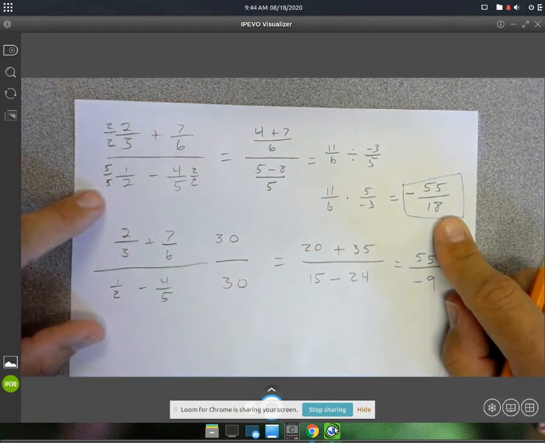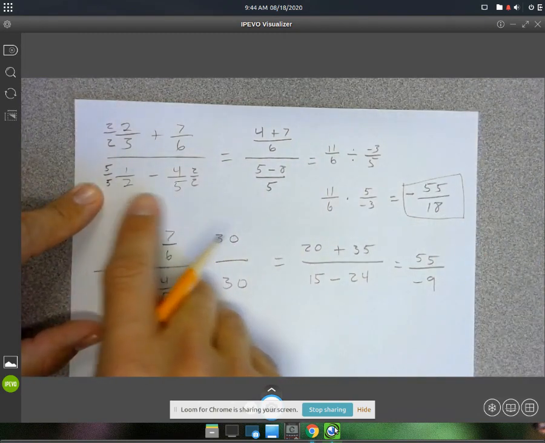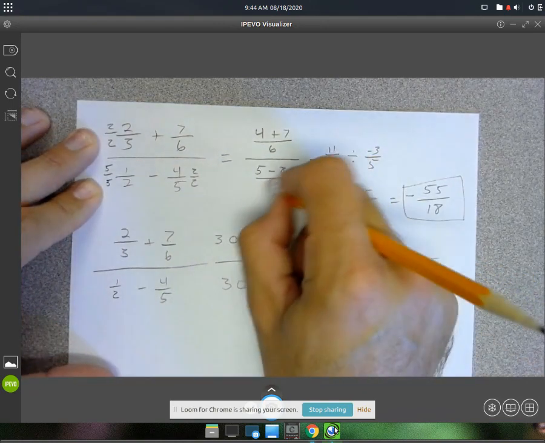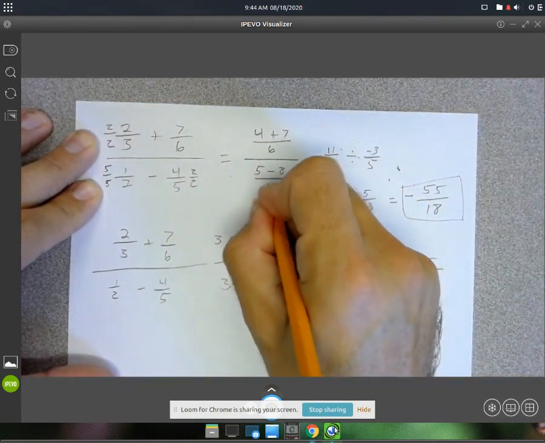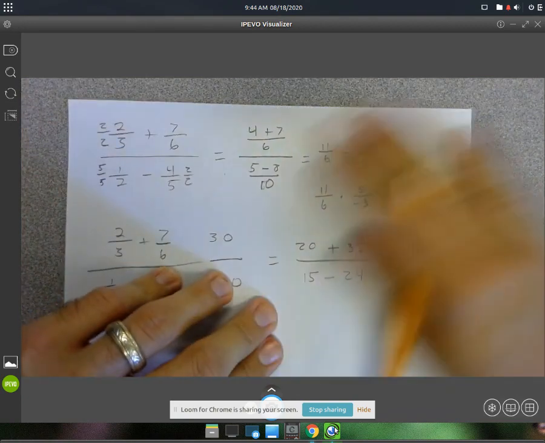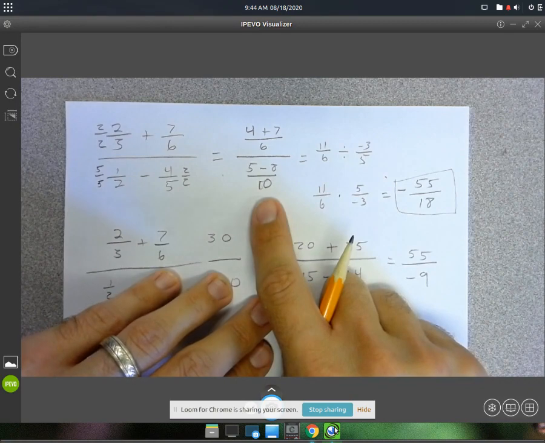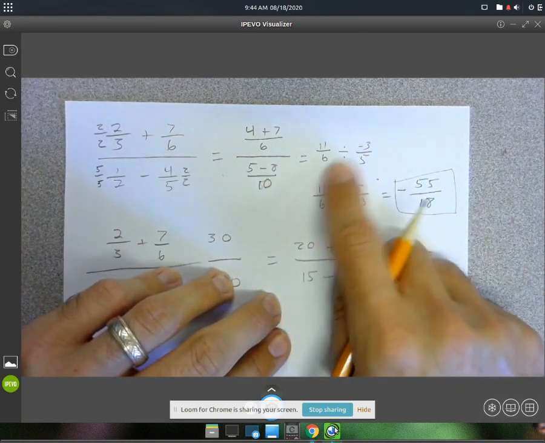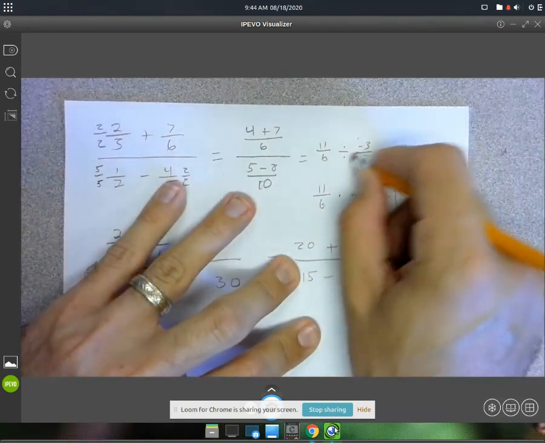Ah, I see it. My denominator here. The 2 and 5, this should have been a denominator of 10. That's my problem. So I have 11 over 6 divided by negative 3 over 10.